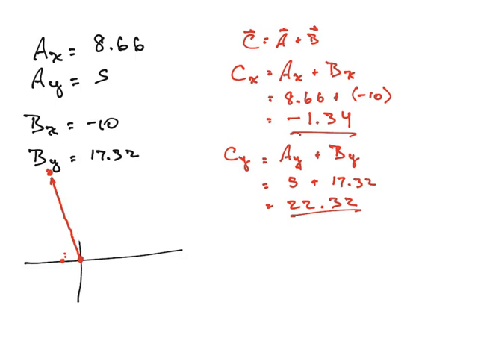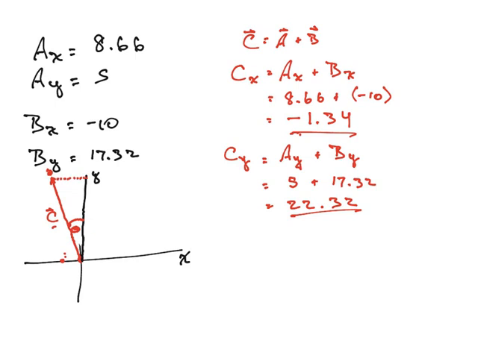Let me just clean this up because obviously we're going to need this in a little bit. So there's the x piece and the y piece. This is the vector C I'm trying to find, this red line here. I want to know what is its magnitude C and what's its direction theta. What do I have?